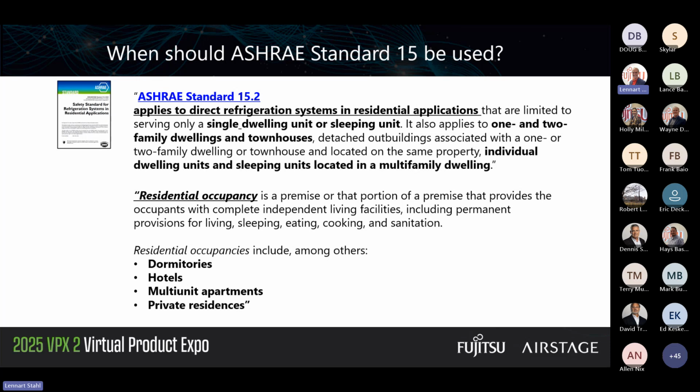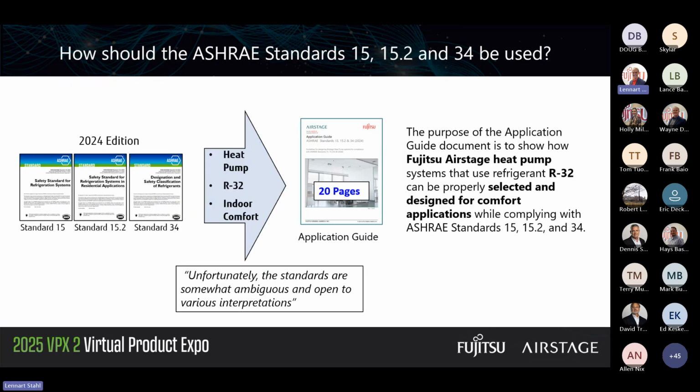So to answer the question, can Standard 15 be used? It can in some cases, but the way to look at these standards is that you have these three standards on the left there, and that's a lot of pages. So then we took the good stuff from those standards. They're not really written to be used by designers, for example, or contractors.